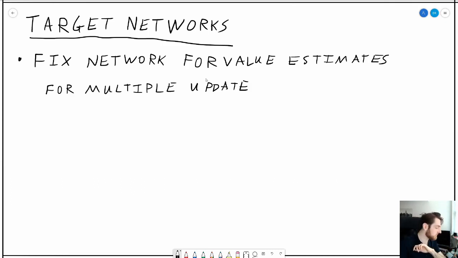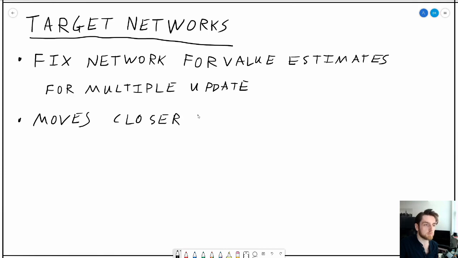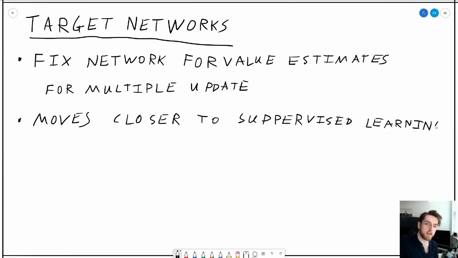This moves us much closer to supervised learning. And this generally makes the algorithms much more stable as long as the period is long enough.